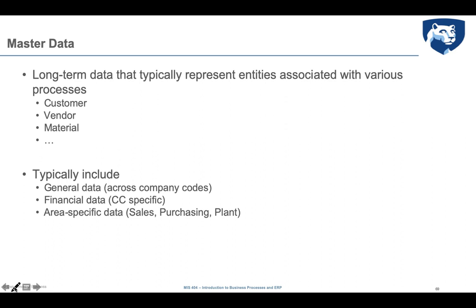Which information? General data, for example, address of the supplier, region, type of currency, type of previous contract; financial data, which are of course company code specific; and which area they belong to or are of interest. For example, a supplier would be of interest to purchasing and production.